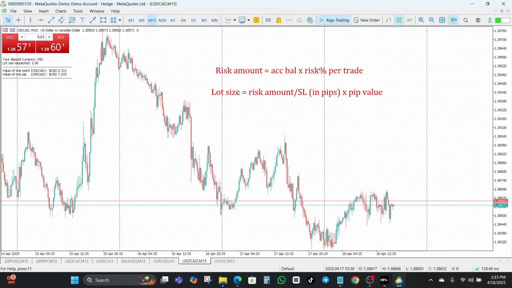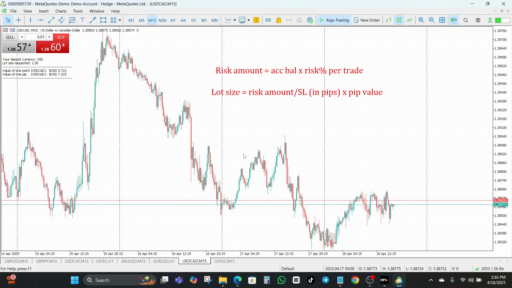All right, so for example, let us say you have a $1,000 account and you want to risk 2% per trade. That is $20, right? If your stop loss is 20 pips and the pip value is $1, this way, even if the trade hits your stop loss, okay, let's just do the calculation.